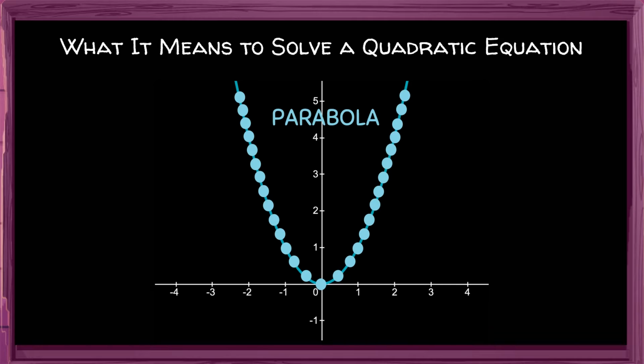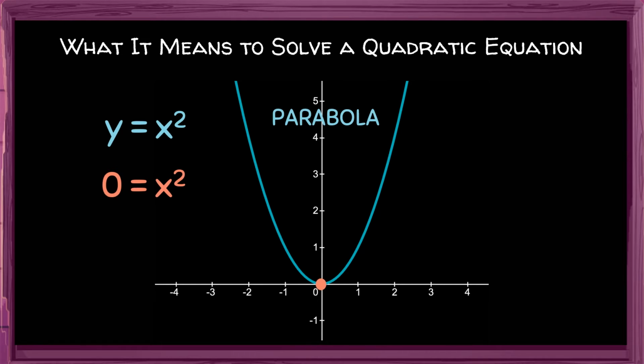But we learned that sometimes we'll see the same quadratic equation written in a different format. Instead of starting with the y equals at the beginning, the same quadratic equation can be written with a 0 equals at the beginning, which just means that of all the millions of solutions on our original parabola, now we just want to know which ones give us an answer of y equals 0.